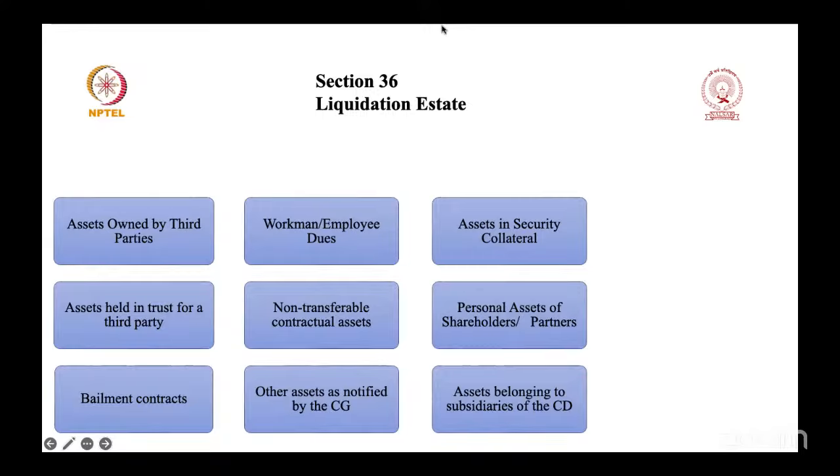Okay, so that's a very good question. Usually, remember when there is a specific charge, specific mortgage on a particular asset, that particular charge holder will have the first right on that asset. And any subsequent charge or mortgage created on that property should be done with the consent of the first charge holder. If there is a consent of the first charge holder, then there will be a ranking hierarchy of the charges.